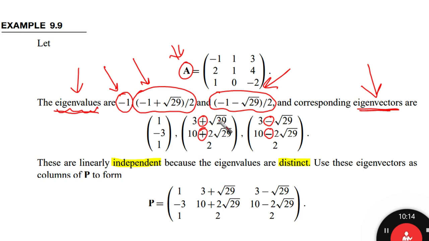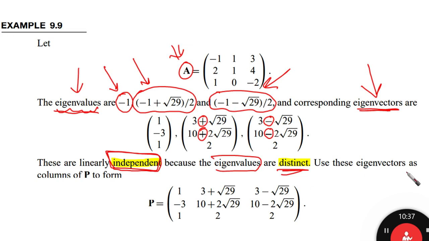This necessitates that the corresponding eigenvectors are different and linearly independent. So we cannot have one vector being a multiple of the other, for example. So these are linearly independent. That's very important, linearly independent, because the eigenvalues are distinct.